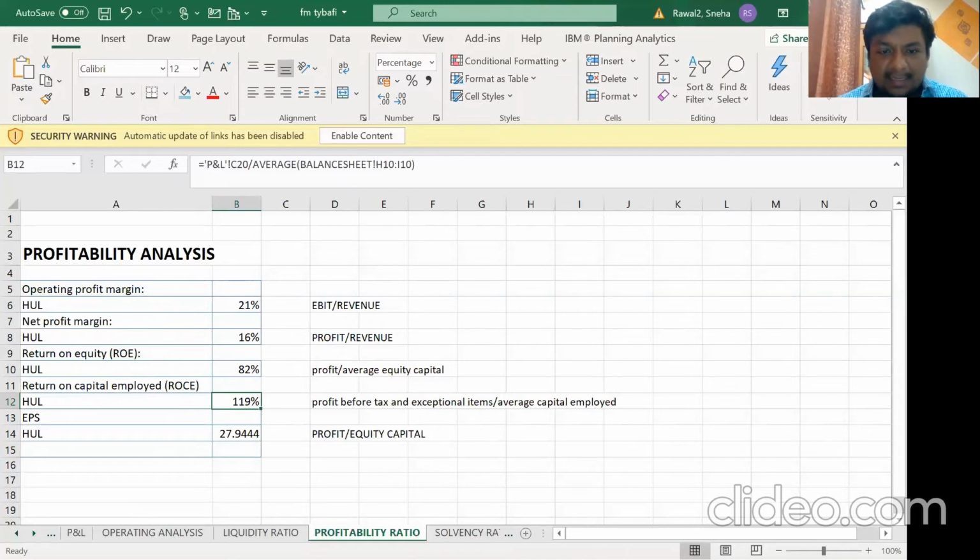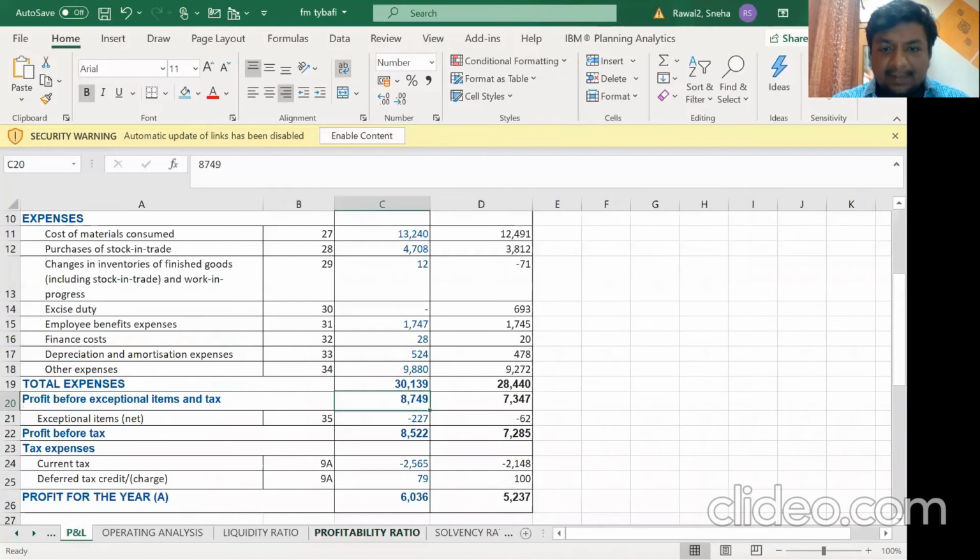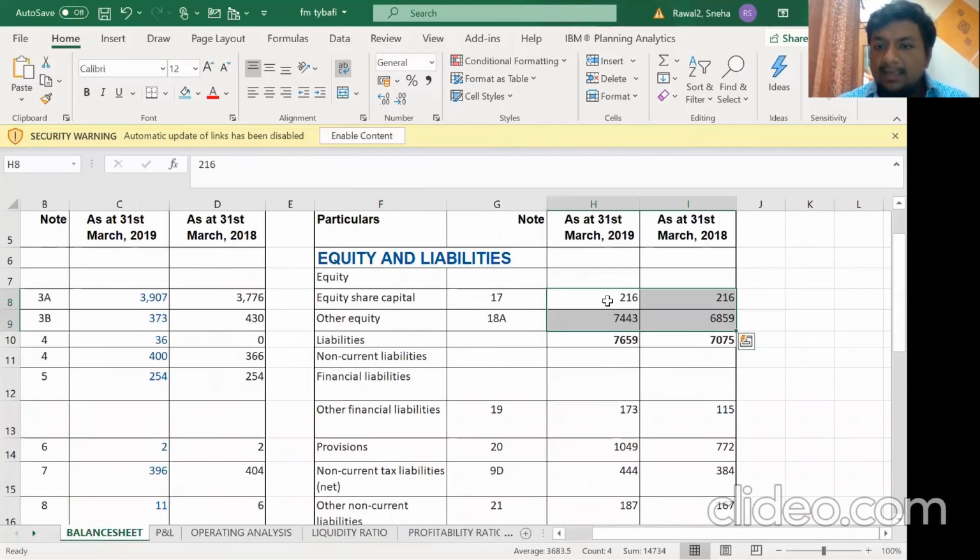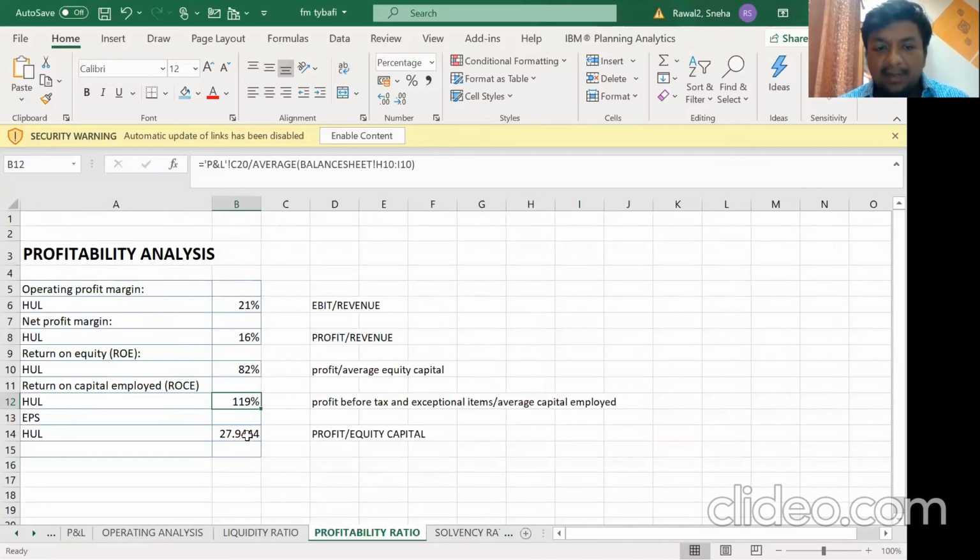So in this case, profit before tax and exceptional items is 8747 divided by the average capital, that is 216 plus 7443, that is 7659 plus 7075. So we will do the average out of 7659 and 7075 to get our answer of capital employed.